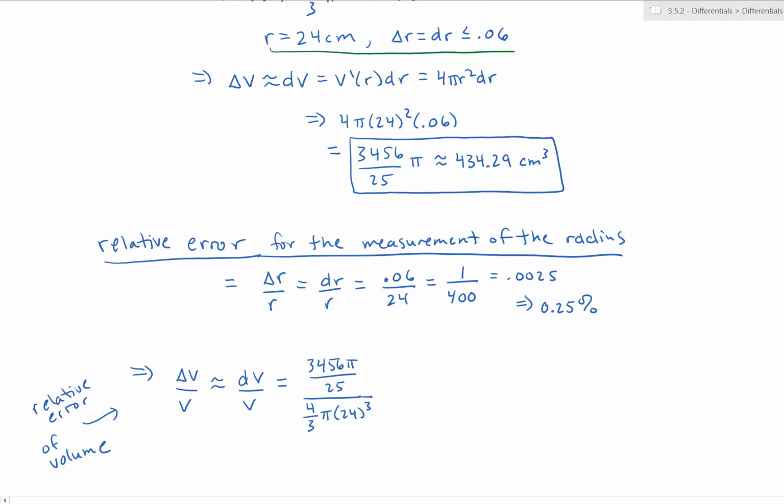And press the buttons. This ends up being 0.75%. And so what that tells us is a maximal error in the radius of 0.25% results in a maximal error in the volume of 0.75%.